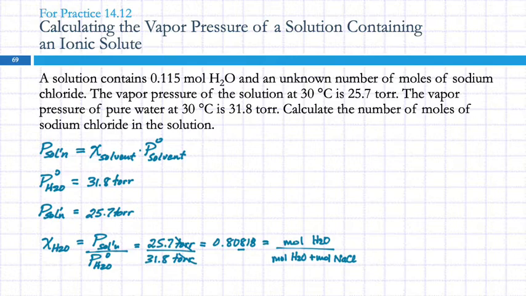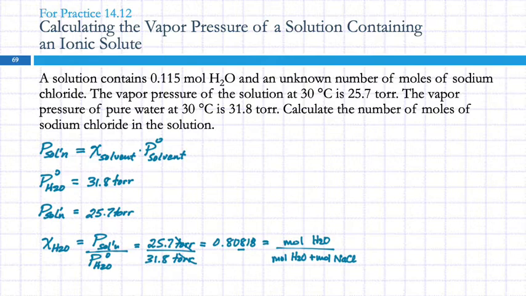So we have the moles of water, 0.115. This is where we need to be careful, because the vapor pressure, does it depend on the number of moles of sodium chloride or the number of particles formed by the sodium chloride?